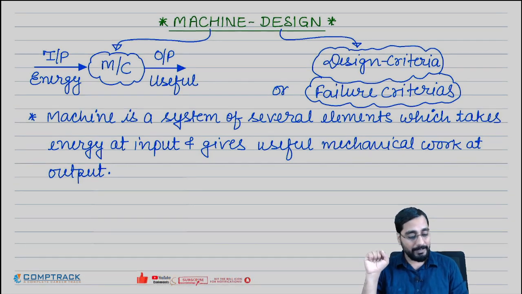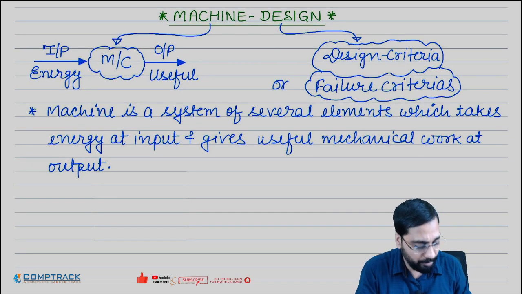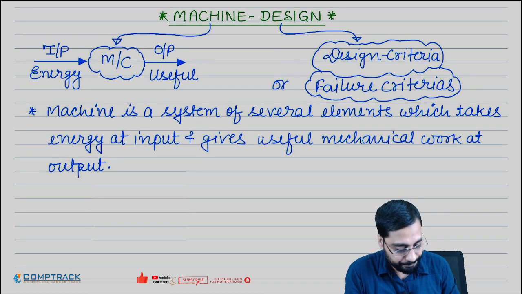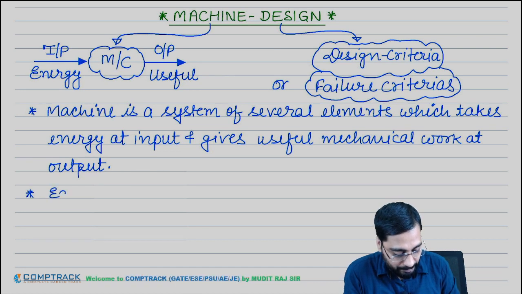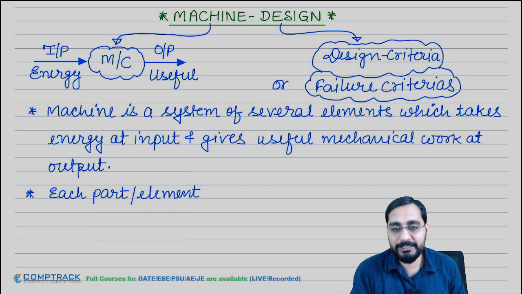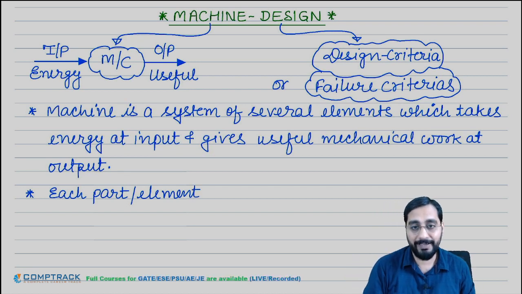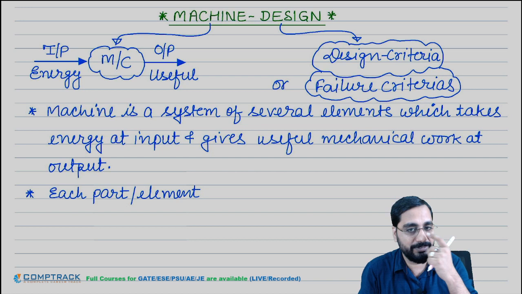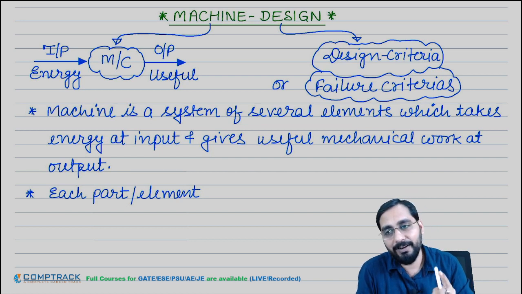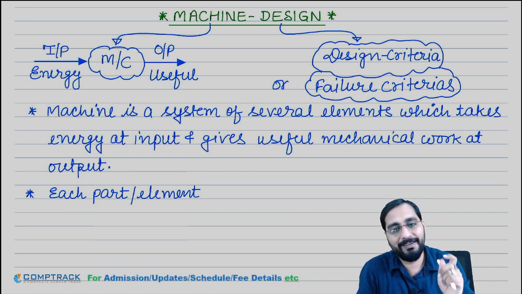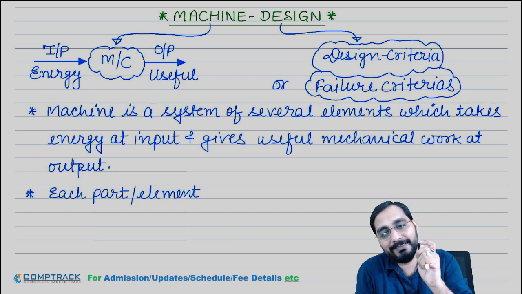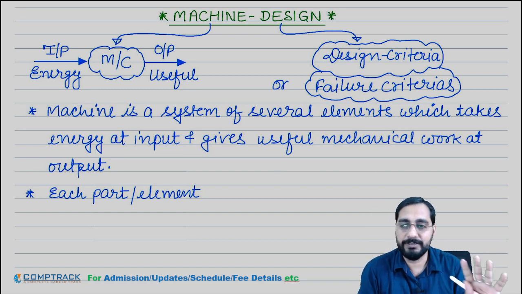Okay, for example, you can note down here, then we will proceed. Each part or element, here we are calling it element or part. In theory of machines we were calling it a kinematic link, because there we were interested in motion. Here we are not interested in motion, we are interested in whether it can sustain the load or not, that's it.